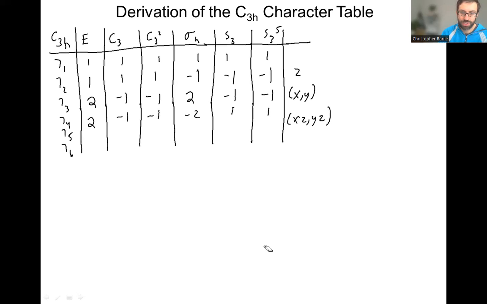The dimensionality just means the character underneath the first column, so underneath the identity operation. Okay? And so what that means is that in order to satisfy this rule, we should have 1 squared plus 1 squared plus 2 squared plus 2 squared right here, taking the sum of the squares, equals 1 plus 1 plus 1 plus 1 plus 1 plus 1 should equal 6. Obviously, that's not equal to one another, so we violated that rule.